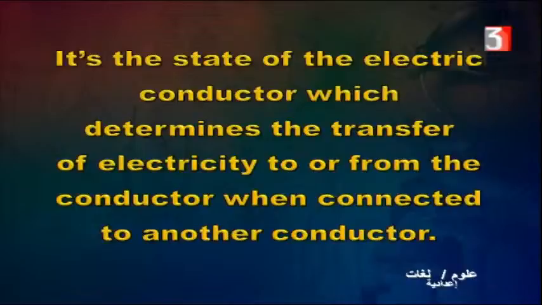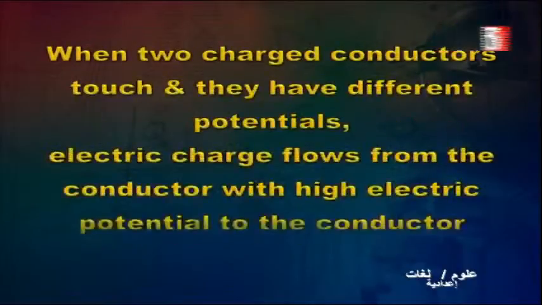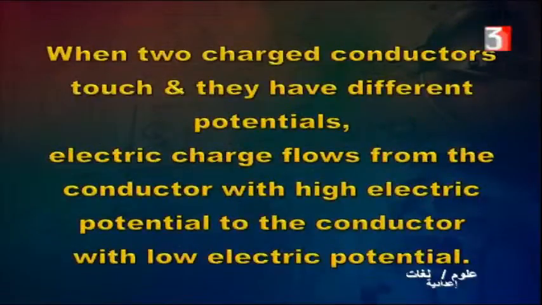Don't forget, electric charges flow from the conductor which has high potential to the other one which has low potential until they become equal. When two charged conductors touch, they have different potentials. Electric charges flow from the conductor with high electric potential to the conductor with low electric potential.